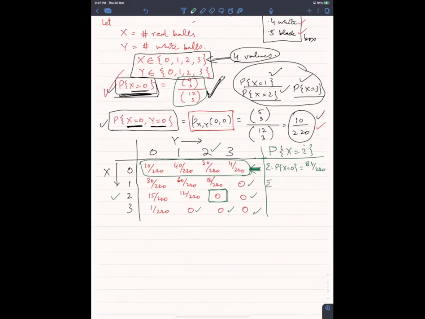And similarly, if you sum this up, the probability x takes the value 1 is equal to 108 divided by 220. Probability x takes the value 2 will be equal to 27 by 220. And this would be 1 over 220, probability x takes the value 3. ये भी summation करने से आ गई.